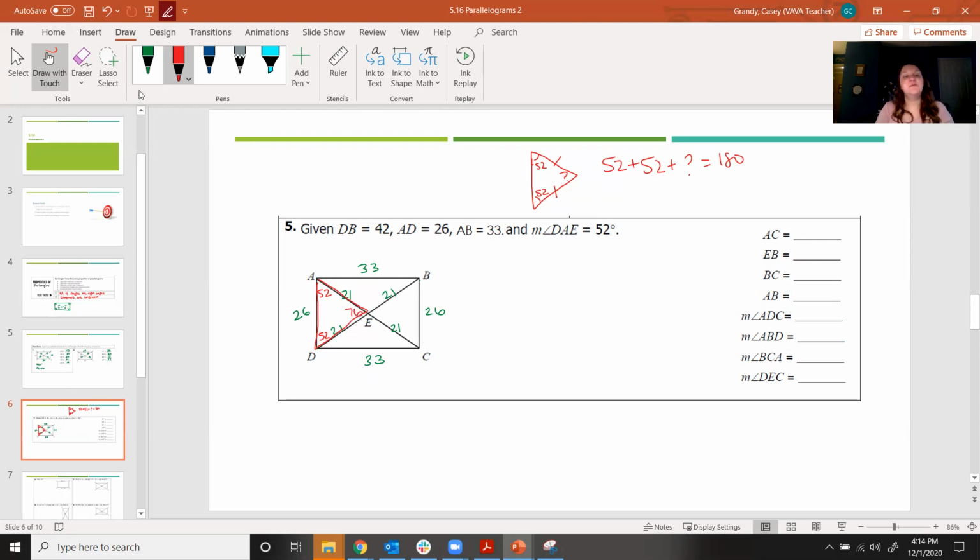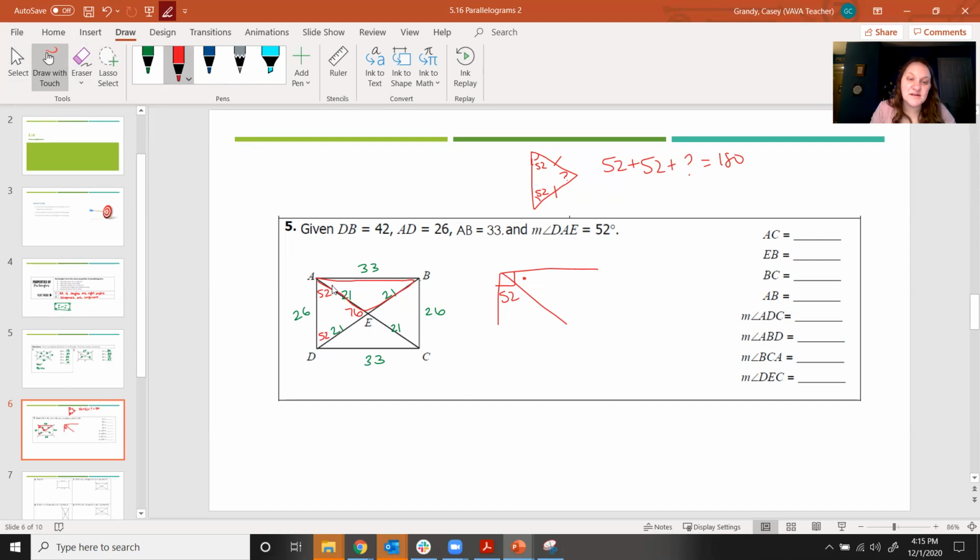Okay, so then let's look at this triangle. It's another isosceles triangle, and I actually can figure out my base angle here. Remember, in a rectangle, all of the angles have to be 90. So if this angle is 52, I can figure out this angle by doing 90 minus 52.